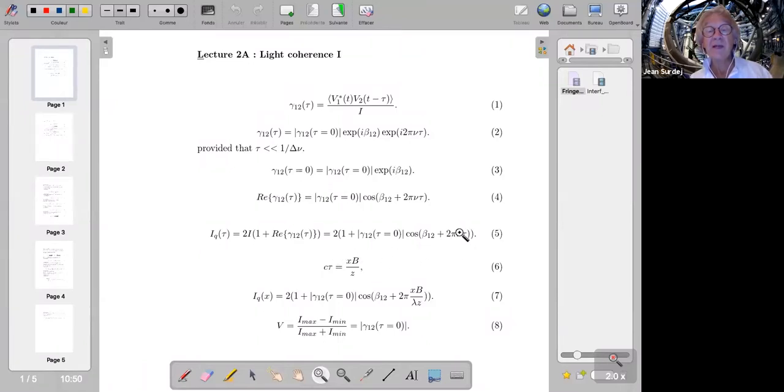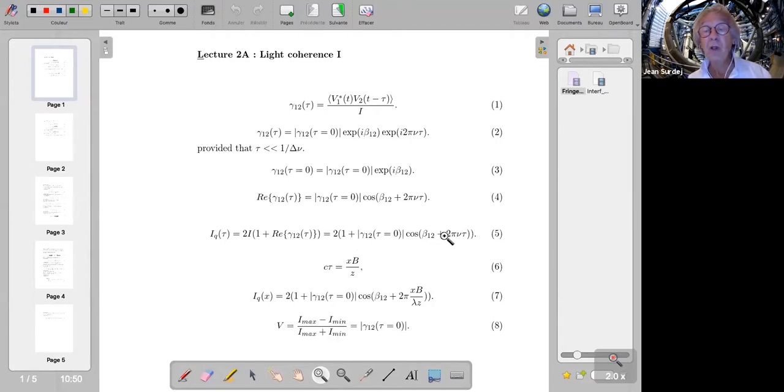Now, as I said, c times tau is equal to, in fact, one of the previous equations, I think it was equation number 17, which is n times the number of wavelengths, which is also x. So this is the x coordinate in the observer screen. B is the baseline between the two holes, and z is the distance between the two holes and the observer screen.